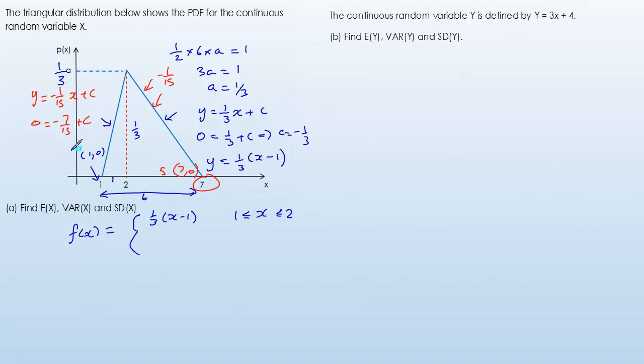C is then 7/15, so y is negative 1/15 x plus 7/15, and we could write that as 1/15 (7 minus x), and that goes from 2 to 7, and then it's 0 otherwise.